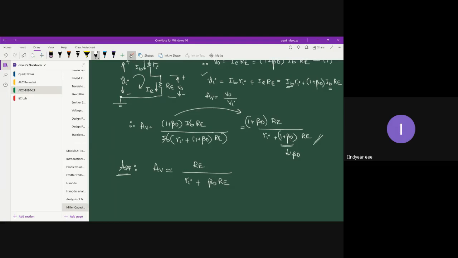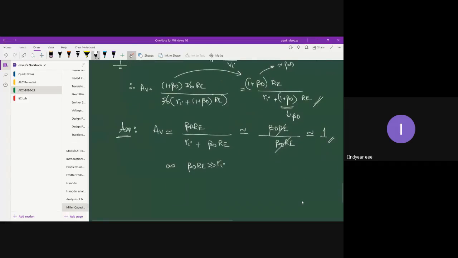So 1 plus beta D, we can write it as approximately beta D. So you have beta D into Re in the numerator. Similarly, in the denominator, you have beta D into Re, as beta D into Re is very much greater in comparison with Ri. So basically, these two will get cancelled out with each other. Hence, you will get voltage gain approximately equal to 1.